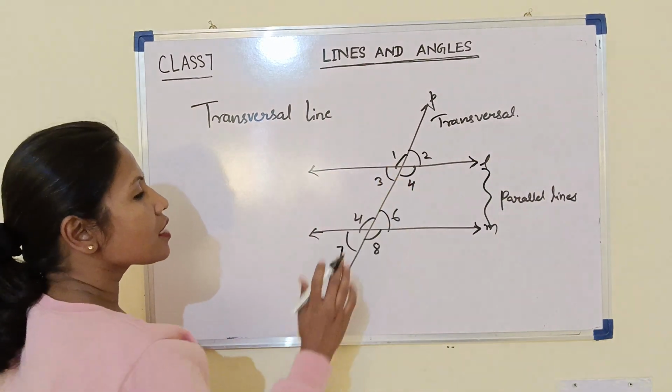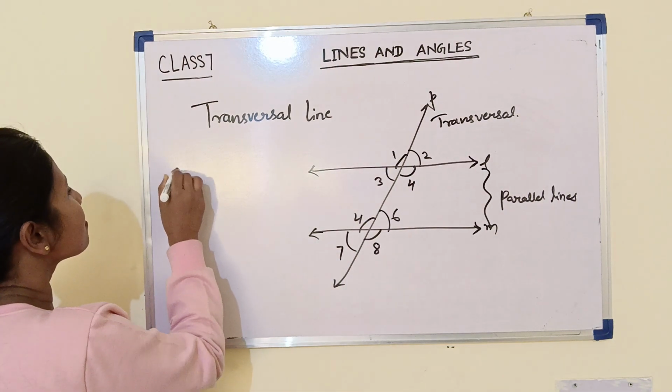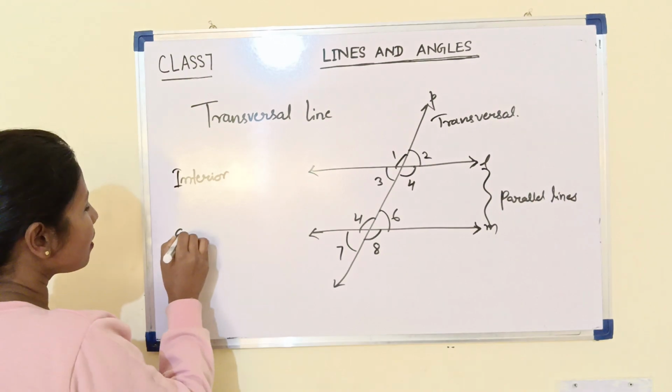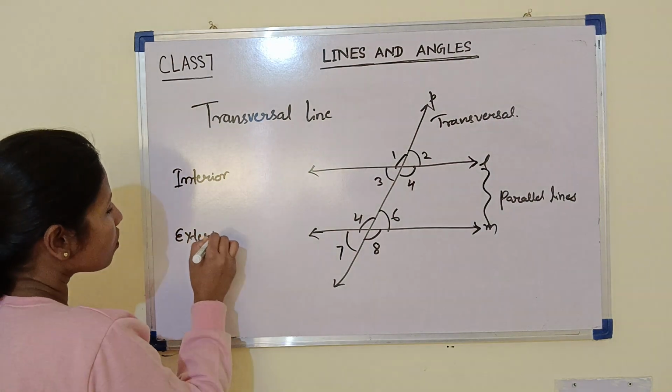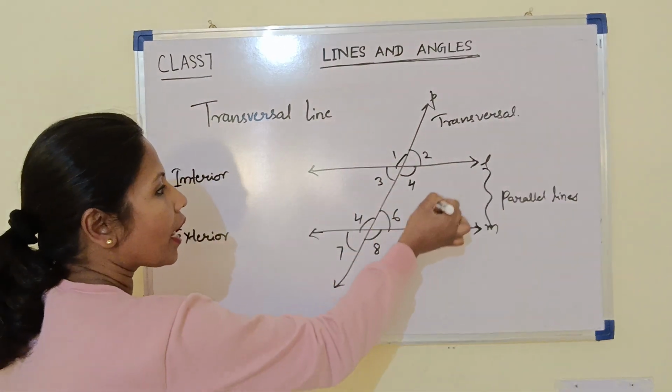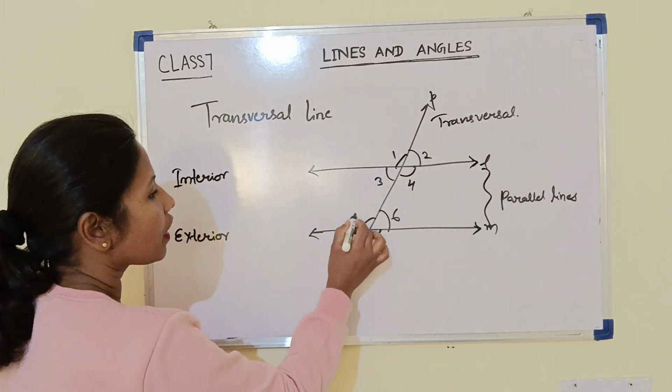Now here there is a concept of interior and exterior angles. So what is called interior and what is called exterior? So interior, these four angles are called interior, suppose this is 5.